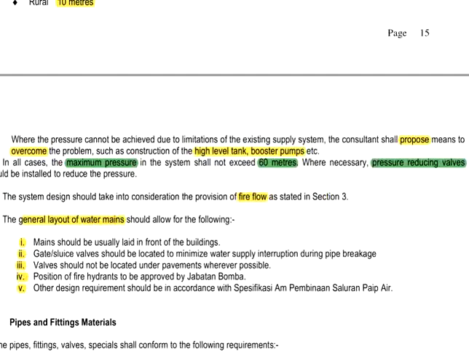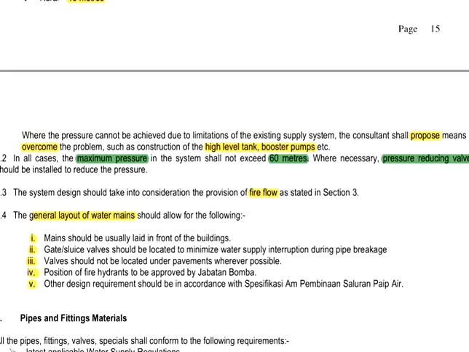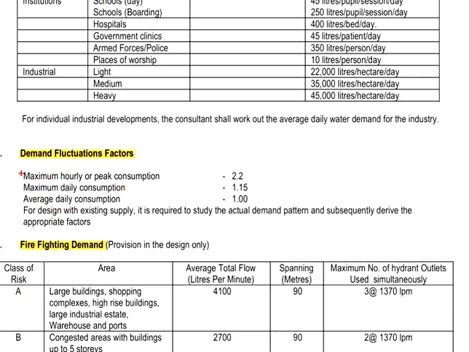In the case that the calculated outcome implies that the pressure is insufficient, the consultant should come up with solutions, such as constructions of the high-level tank or booster pump. It is also important to check for the maximum pressure in the system, not exceeding the 60 meters. This shall be checked for all cases.